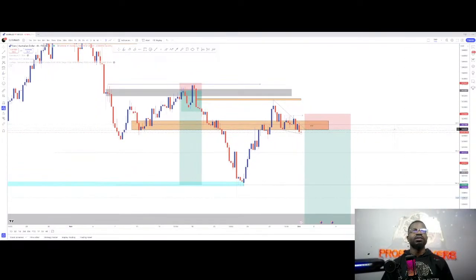Now we got alerts set. If price fails to break beneath this low right here, we could get what people refer to as a bull flag. So we want to test out these two possibilities.